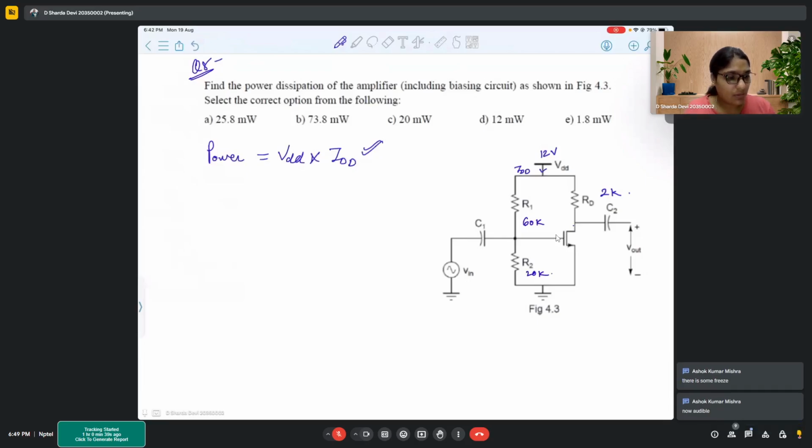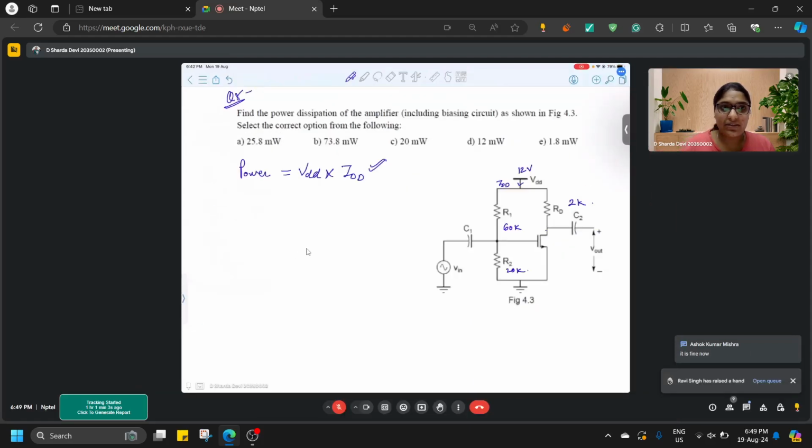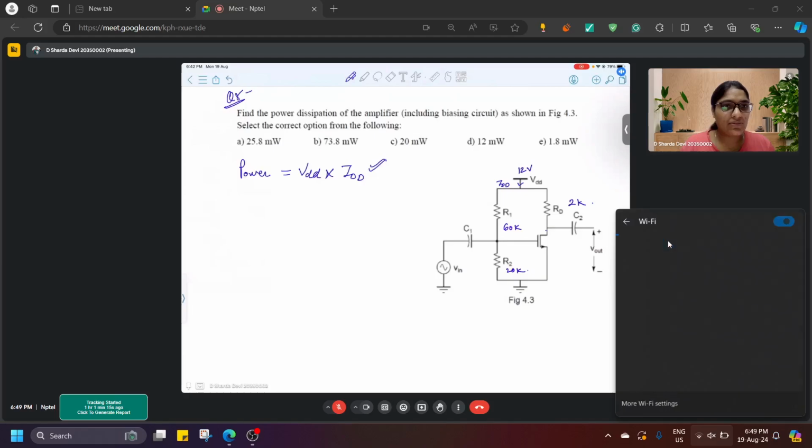Were you able to see the solution for question number 8? Here I am unable to. Okay, it is fine now. Actually my screen is stuck.